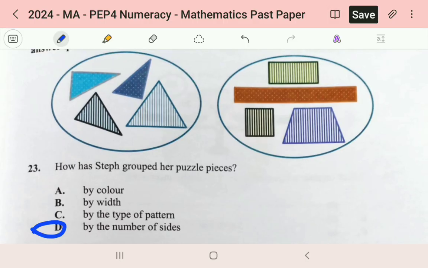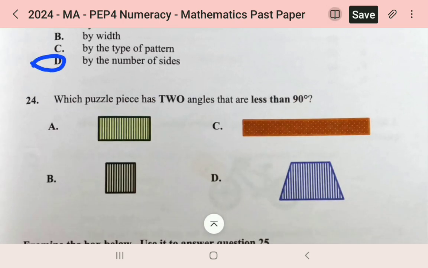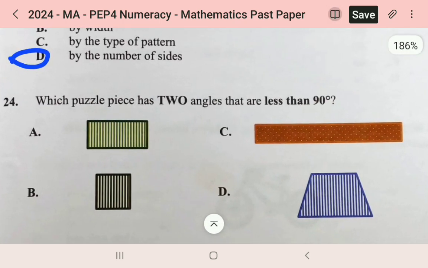All of those in the first set have 3 sides, all triangles. All of these have 4 sides, though they are not all the same rectangles. They have a square, a rectangle, and I think this is a trapezoid, or rhombus, if I'm remembering. Number 24. Which puzzle piece has 2 angles that are less than 90?